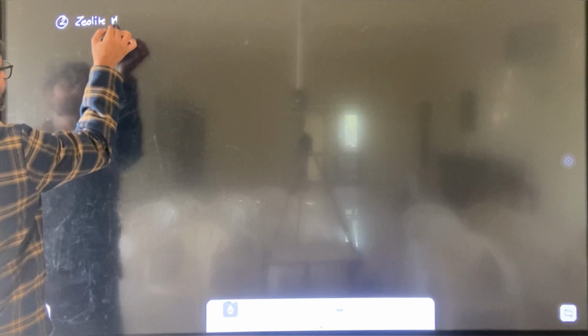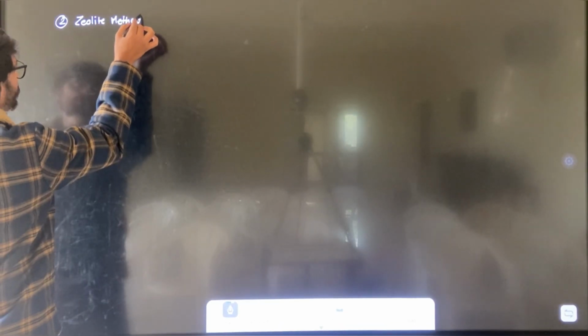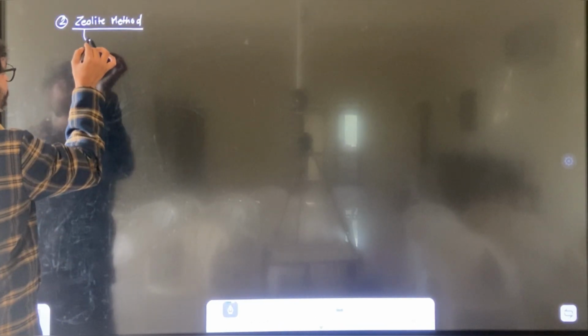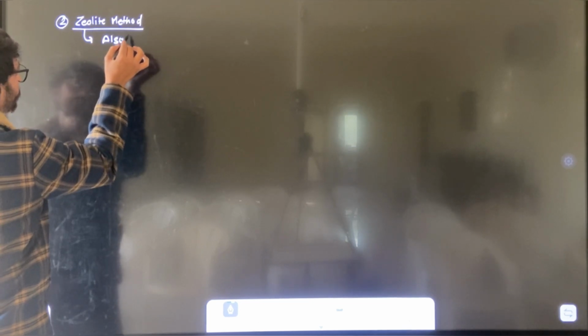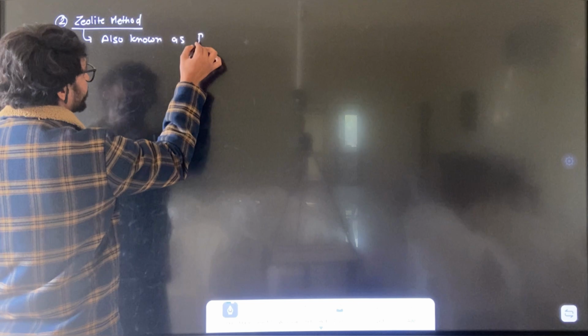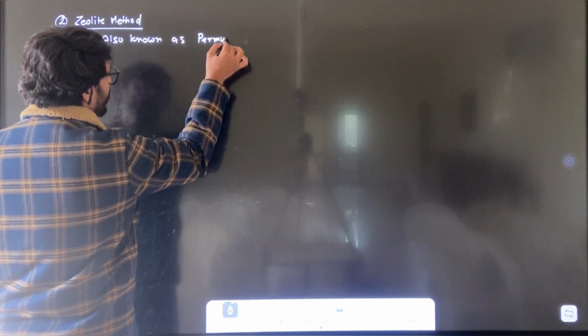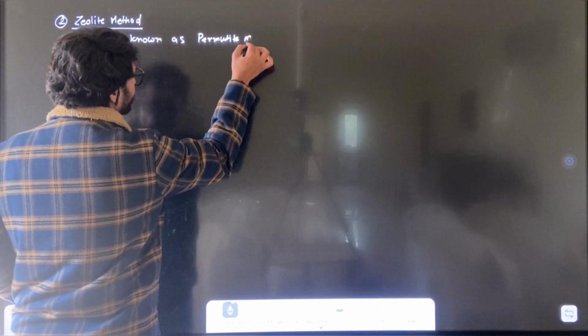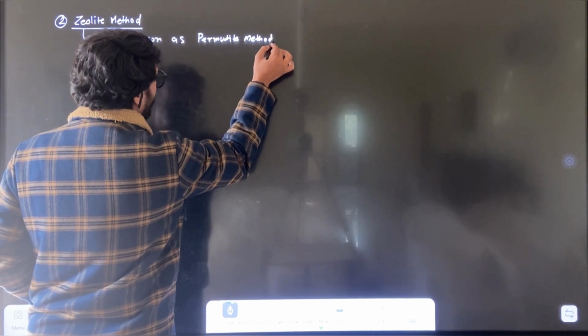Zeolite method, also known as permutit method. Why?